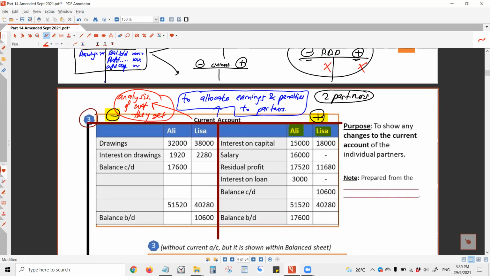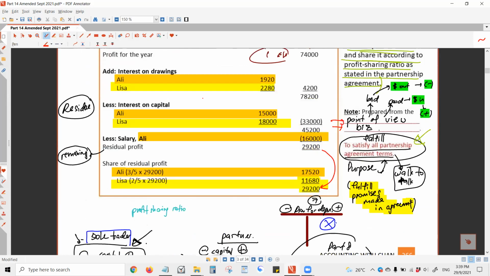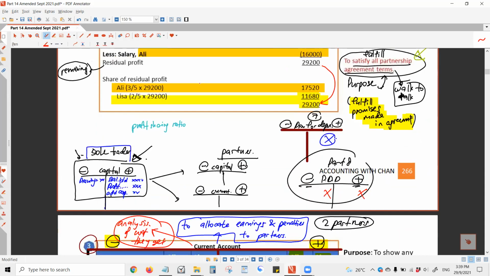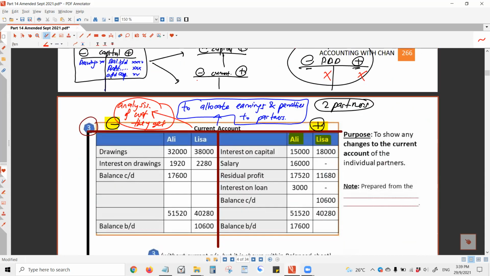Let me repeat. Just now I mentioned that if you observe the appropriation account, you cannot easily see how much belongs to Ali in total and how much belongs to Lisa in total, because it is scattered all over. That's why we have to prepare a current account where we gather all the things that belong to Ali and all the things that belong to Lisa.